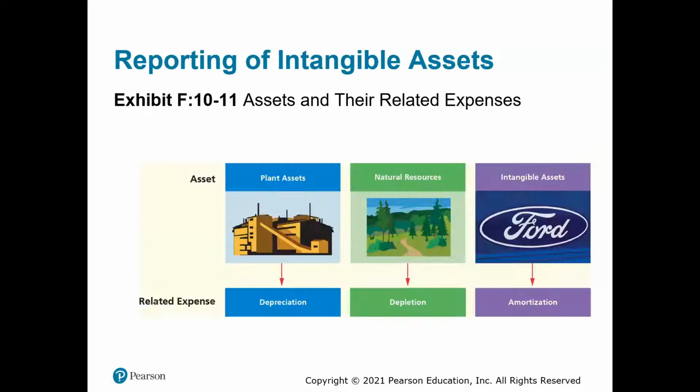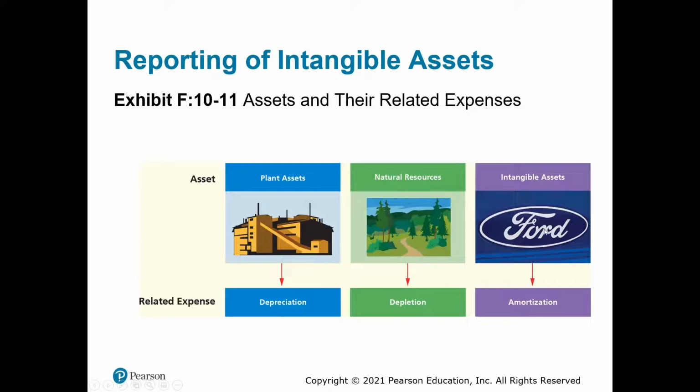So how do we report intangible assets? Here in this exhibit 10.11, it summarizes the types of assets and their related expense. Plant assets are those that have physical characteristics and are used in operations. Natural resources are assets that come from the earth and can ultimately be used up.